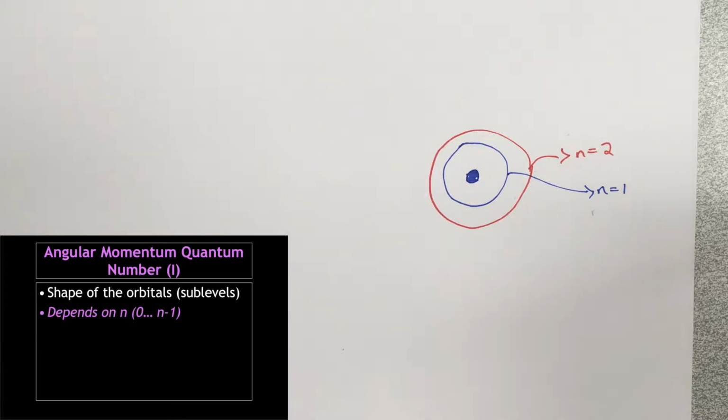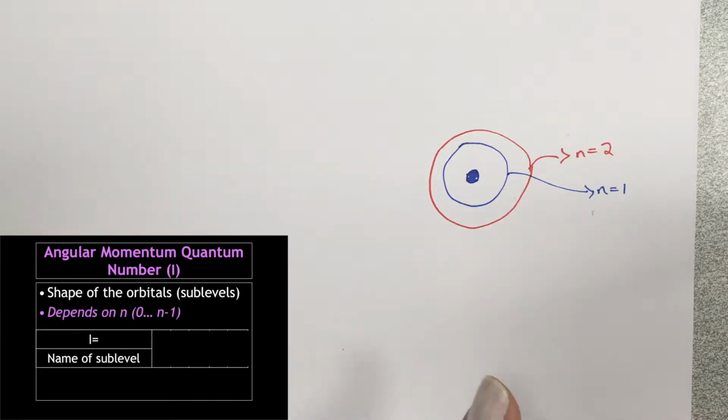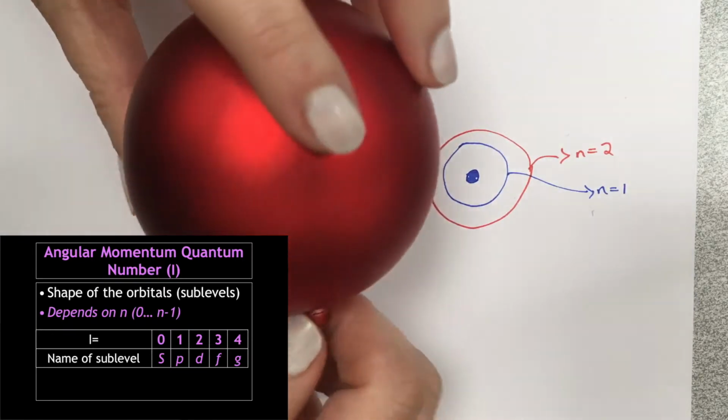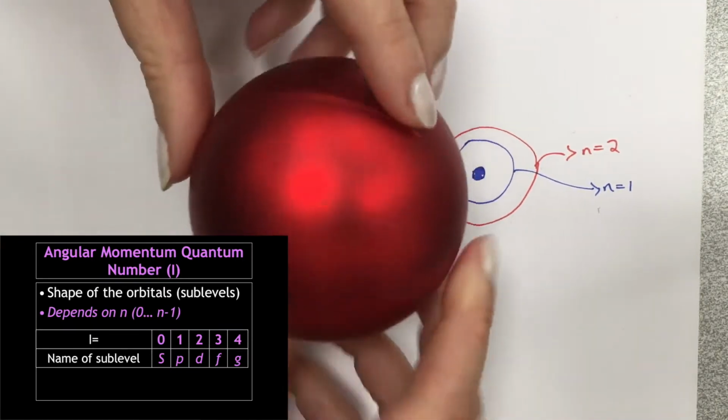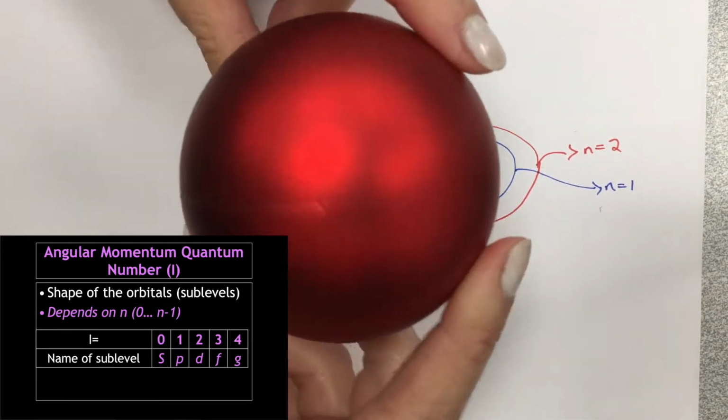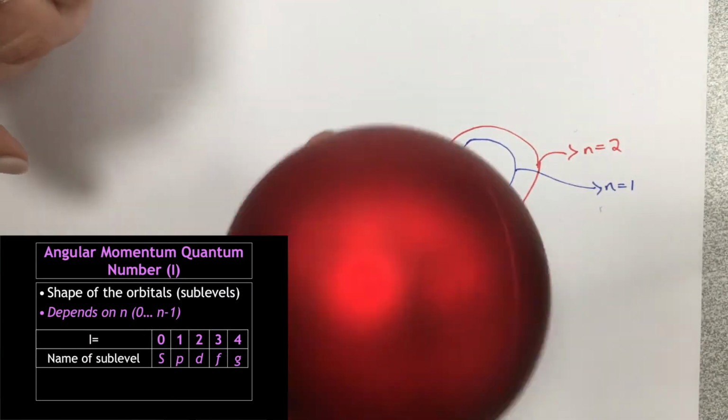Angular momentum quantum number, all that is just the shape, okay? So, for example, if you have a 0 angular momentum quantum number, it's these words you have to get used to. But if you have a 0, you have this shape. That's all it's saying, it's the shape.